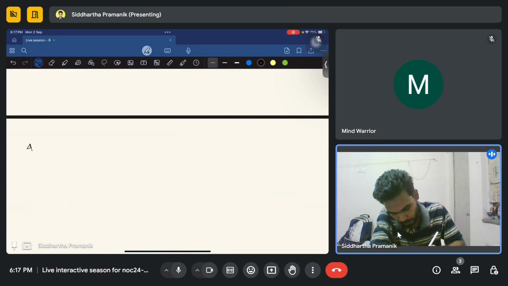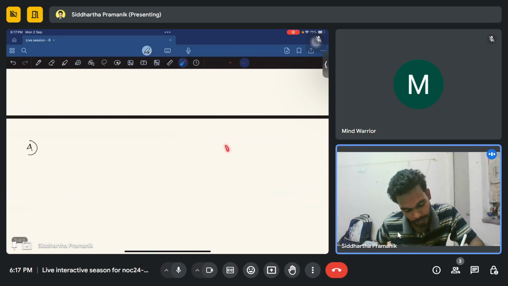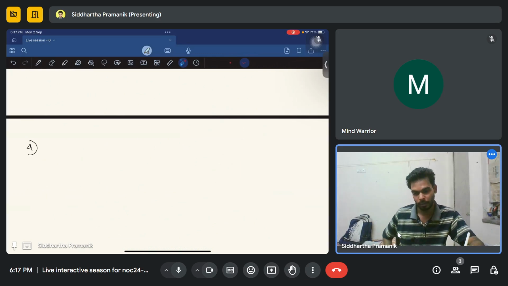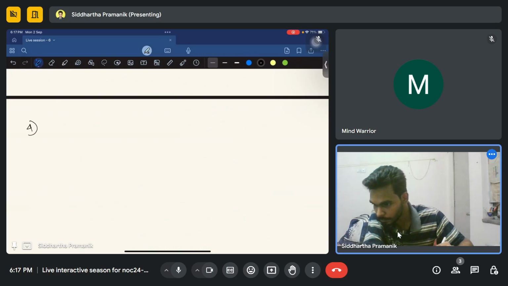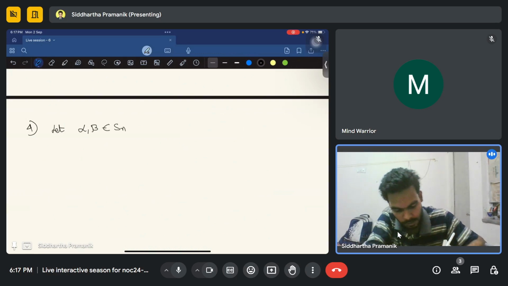So let's do problem number 4. We have seen when an n cycle is odd or even, and we have seen that the inverse of an odd permutation is odd. Now what about a product of permutations, when is it even or odd? So let alpha and beta be two permutations in Sn.